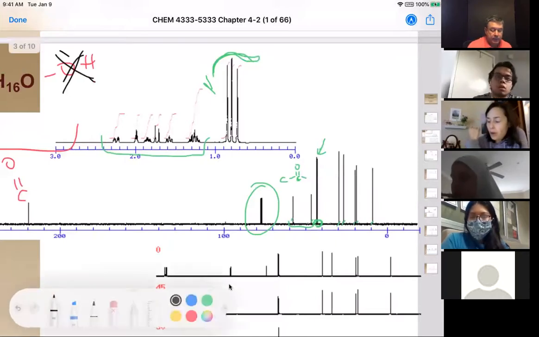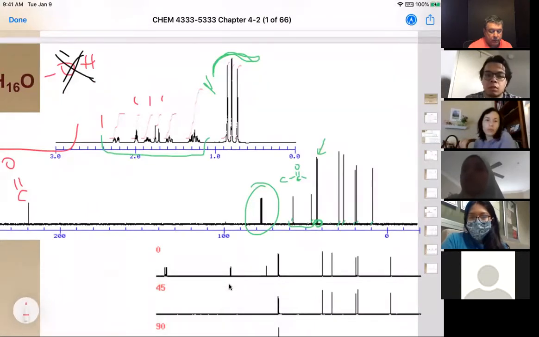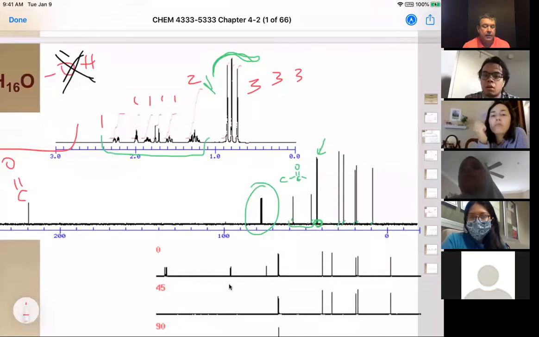So that means that this is 1 to 1 to 1 to 1 to 1 to 3 to 3 to 3. That gives us a total of 16 hydrogens. So we have all of our hydrogens, all of our carbons. We know where our oxygen is. Let's figure out the structure, but we can't do that with just these shifts.